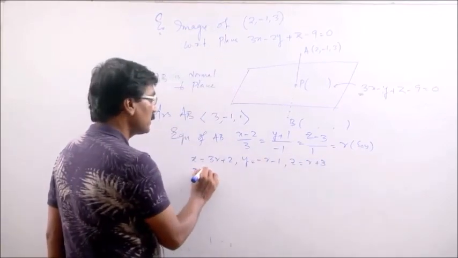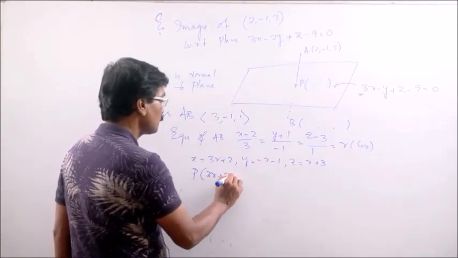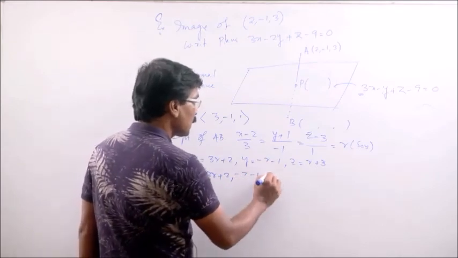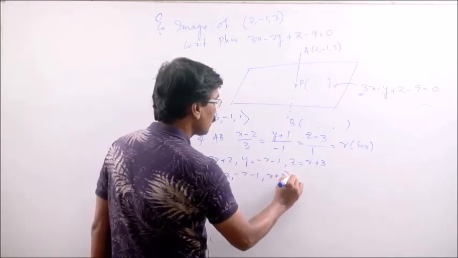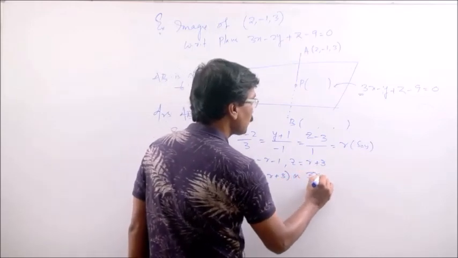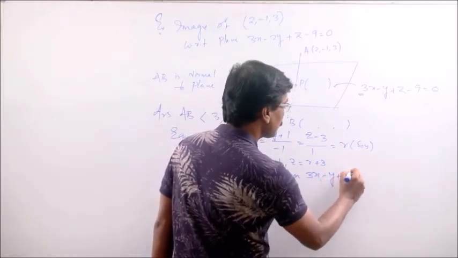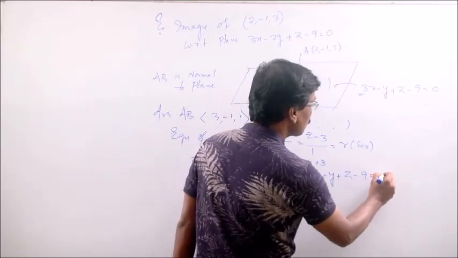So, point P is (3r plus 2, minus r minus 1, r plus 3) on the plane 3x minus y plus z minus 9 is equal to 0.